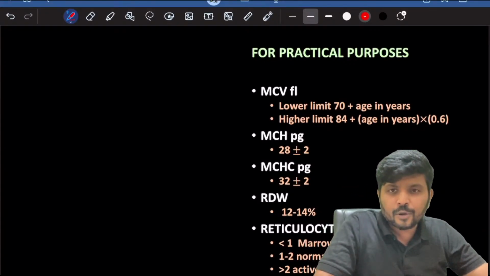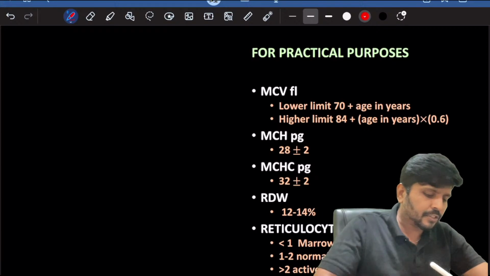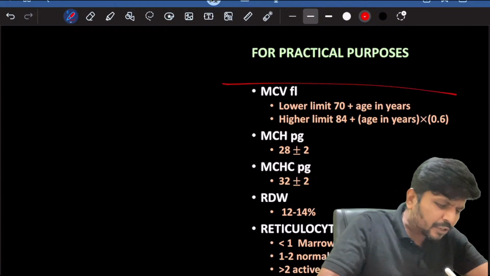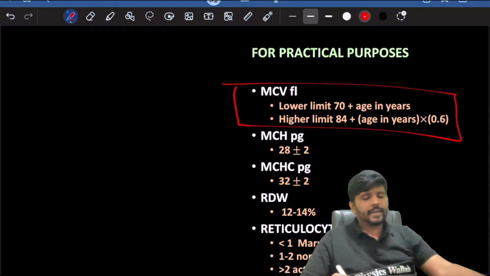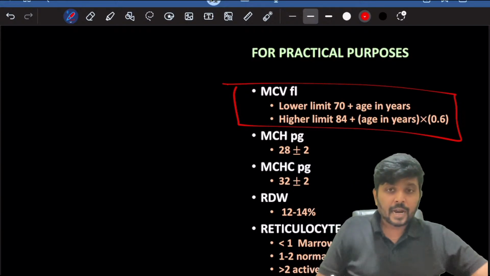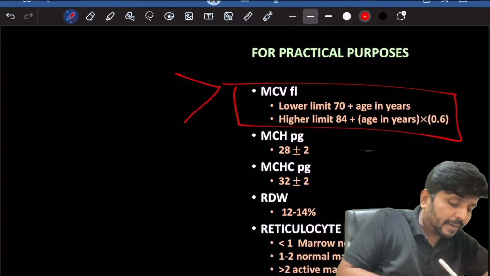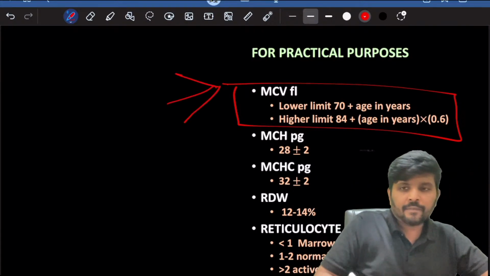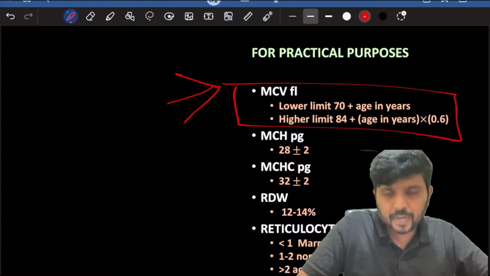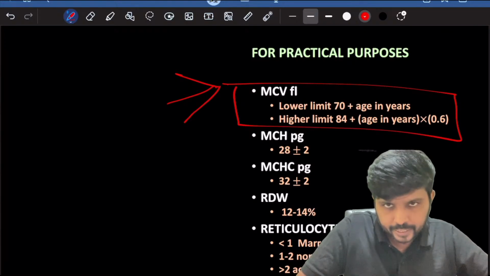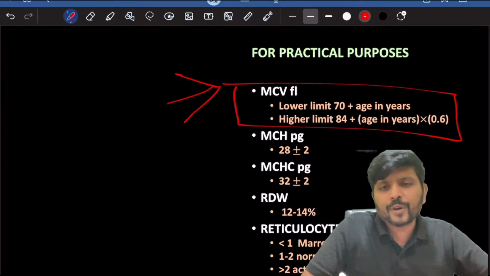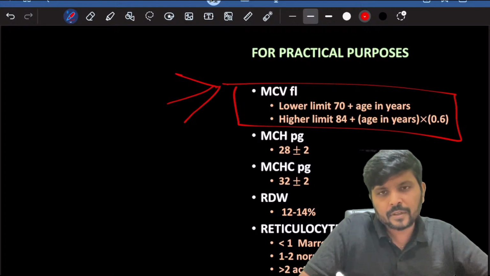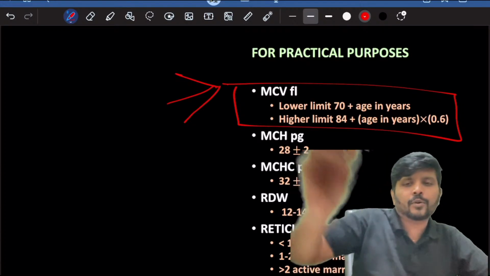With respect to RBC parameters, please concentrate on MCV, because anemia is mainly classified based on MCV, whether it is microcytic, normocytic, or macrocytic. How do you roughly calculate the MCV for a particular age?